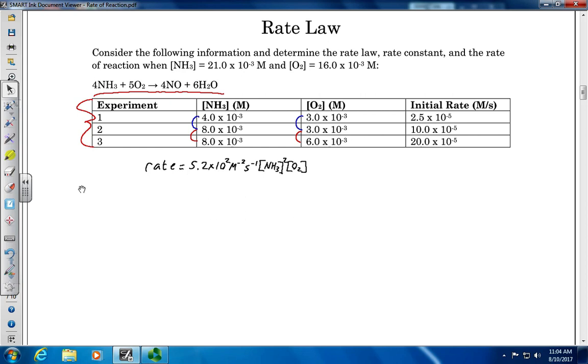Now we can look at our last thing that we need to do, which is finding the rate of reaction when the concentration is set to certain values.